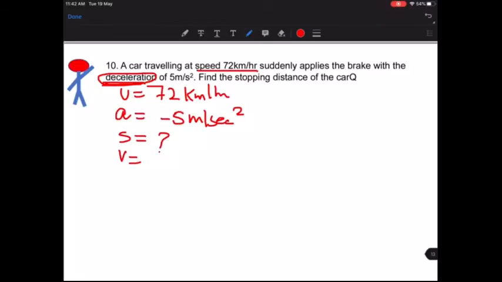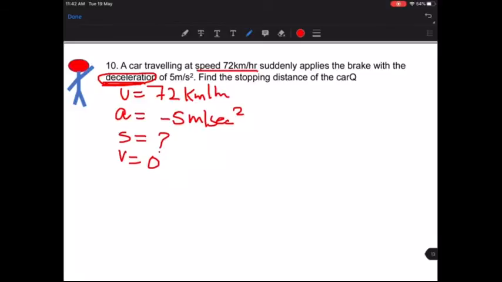Because the car is applying brakes, eventually it wants to come to a halt, right? So what is going to be the final velocity? 0. Very nice. So you have the acceleration, you have the final velocity. All you have to calculate is your distance.